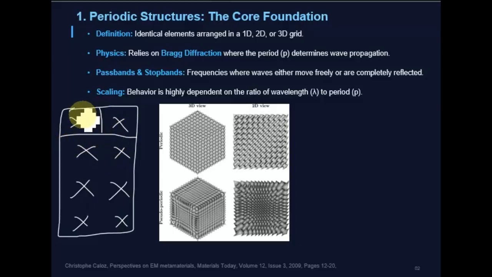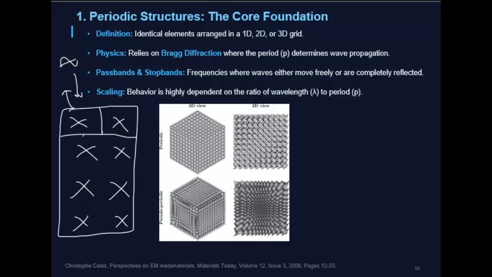This one is one unit cell and it contains some property. When we apply the electromagnetic wave from this side or this side, it will pass through this unit cell and there is a phase shift from this point to this point. This decides whether the wave will propagate through the structure or be reflected back. This is the property of periodic structures, and they always follow Bragg diffraction.